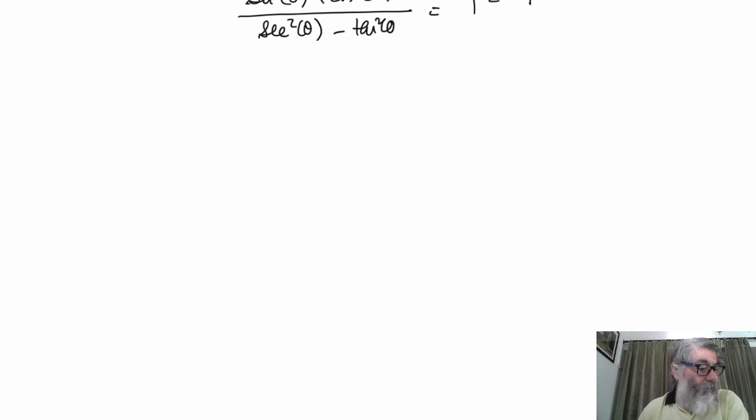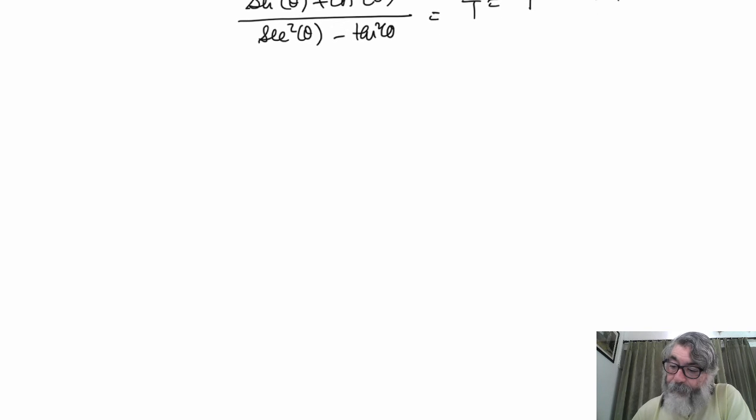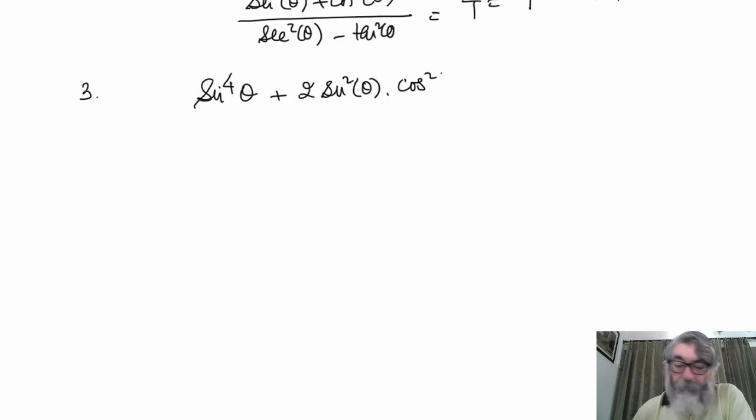Now let's see the third question. Sine 4 theta plus 2 sine square theta cos square theta plus cos 4 theta is equal to 1.